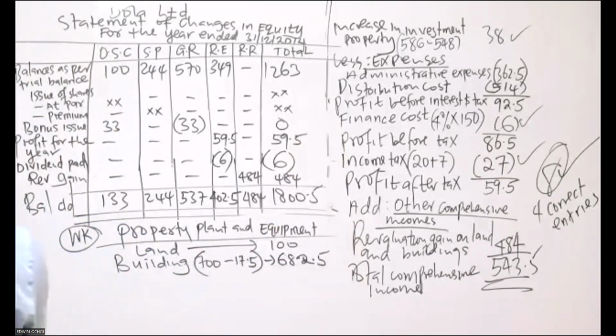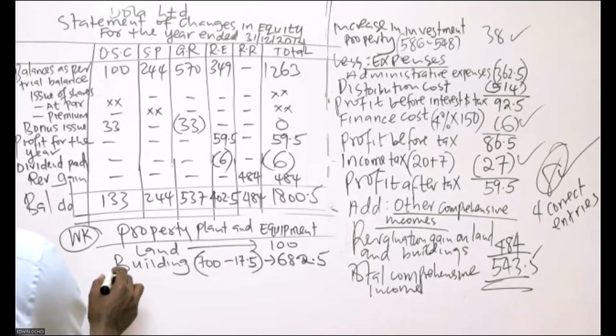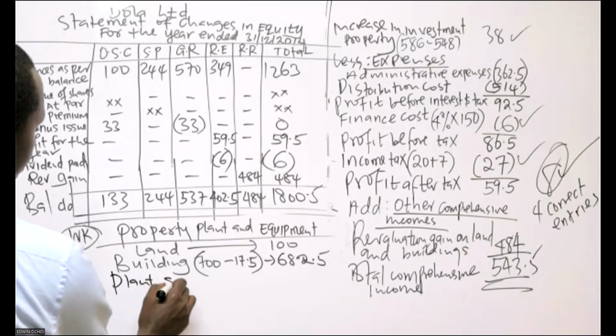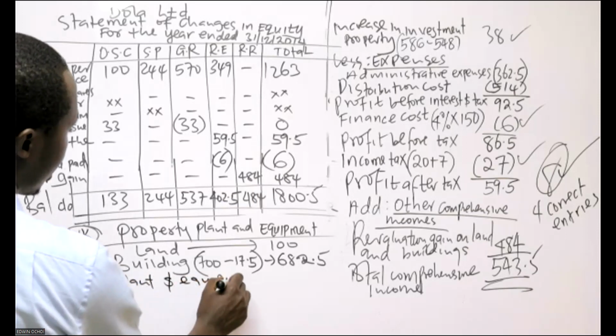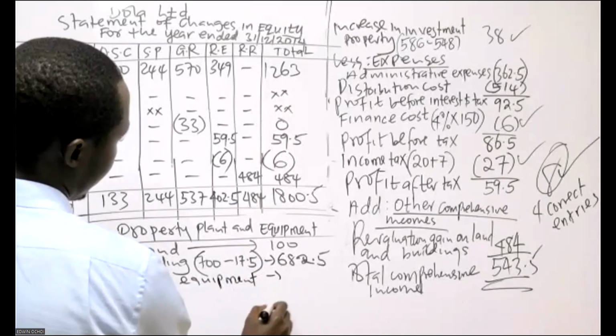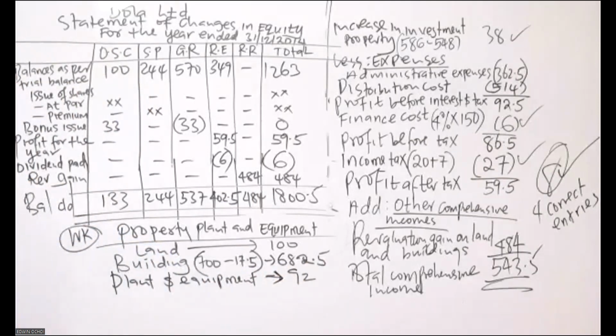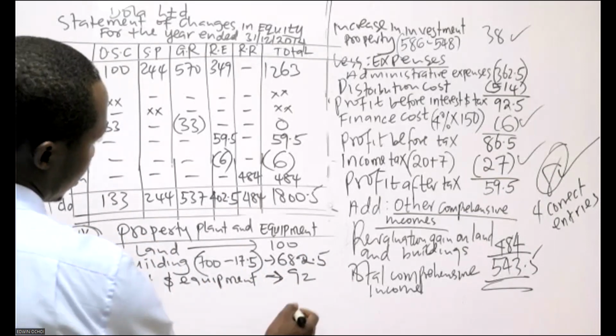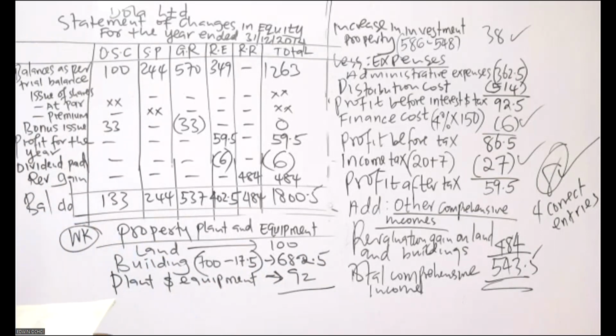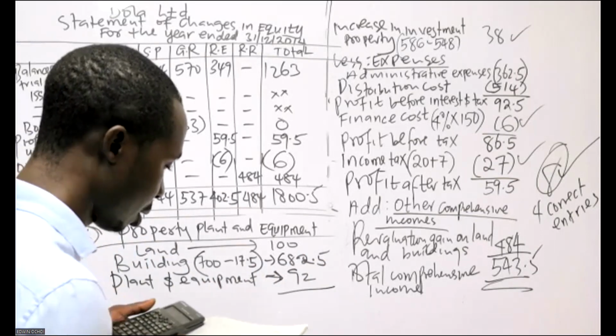After that, there was another asset, which is in note 4, or which is there in the trial balance, which is plant and equipment. Already we determined the net book value. You remember we got 92. It's a working we did. There's no other asset because we have land and buildings, plant and equipment, nothing else.